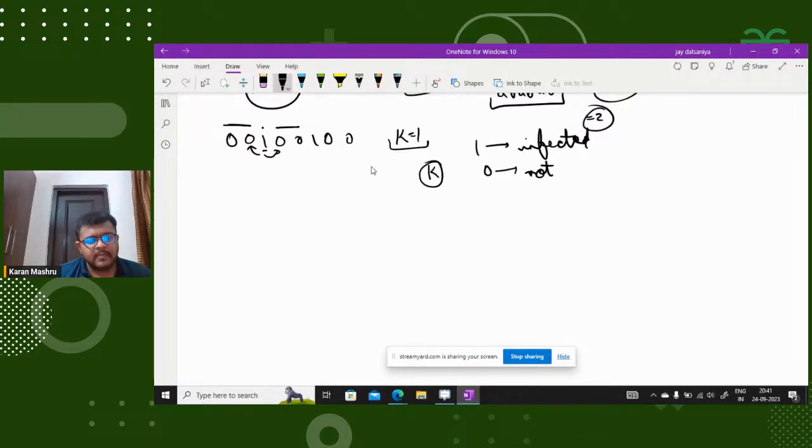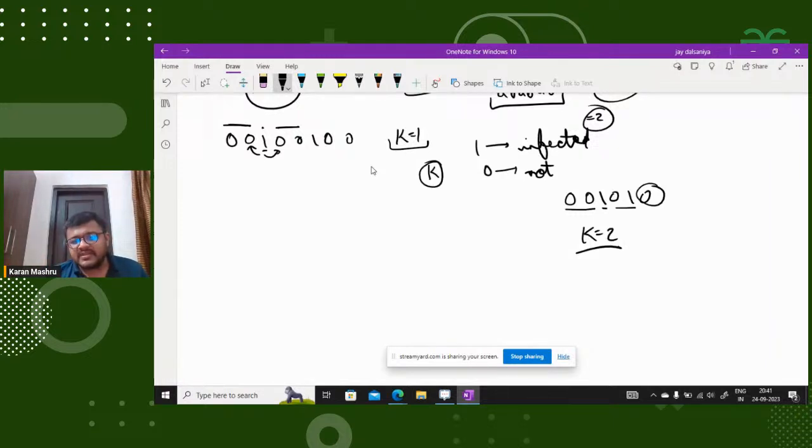Also understand one thing, if this is 0010 10, and k is, let's say, 2, this person will be able to infect these two people and these two people. He cannot infect this person. So what does k equals 2 mean? If a person is infected initially, he or she can infect the two consecutive people on the right hand side, if they are not infected.